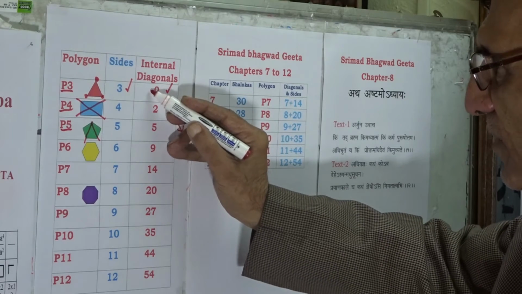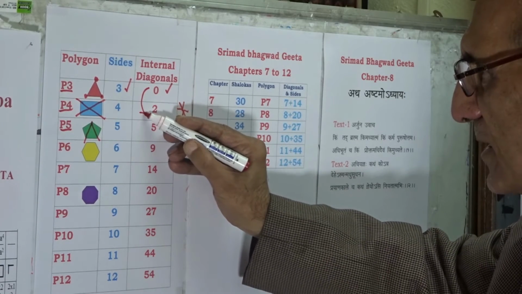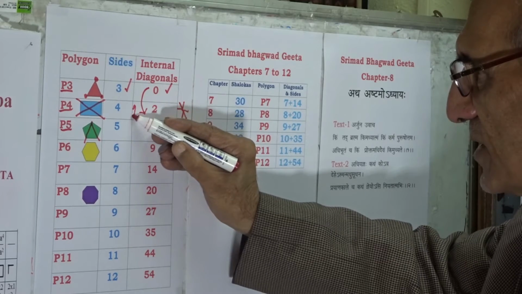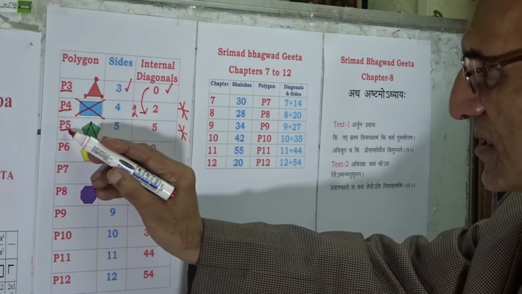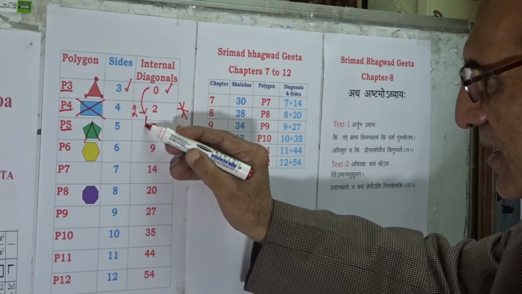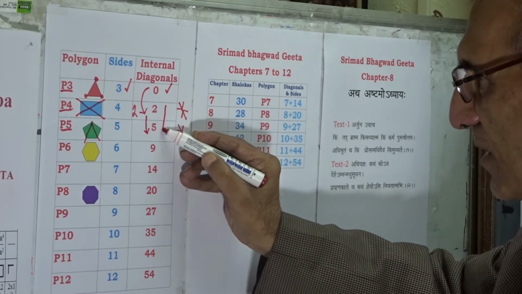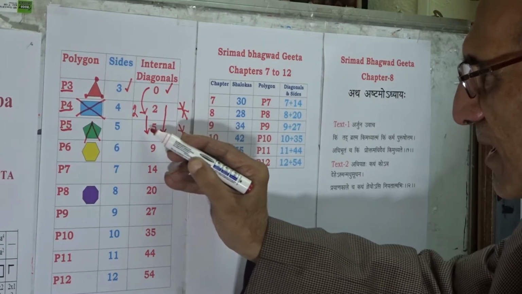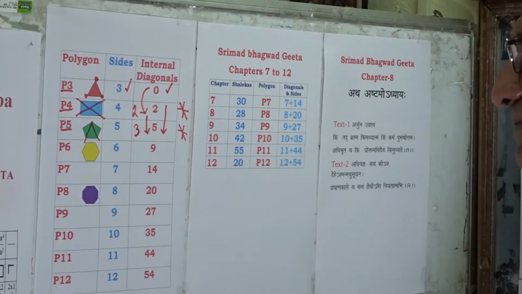We see when we reach from 0 to 2 diagonals, the difference value is 2, there is an increase of 2. And a step ahead, when we reach polygon 5, the number of internal diagonals is 5, so from polygon 4 to polygon 5 there is going to be an increase of 3 internal diagonals.